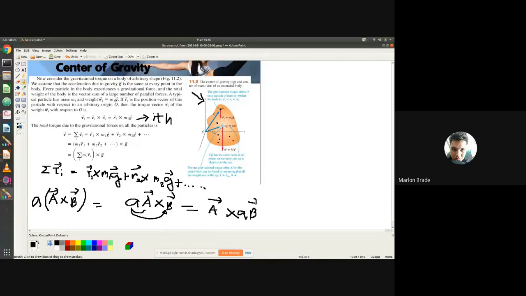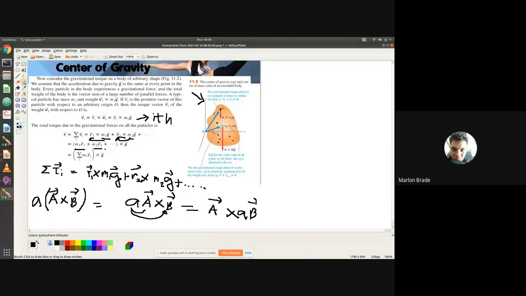Which means the masses M1 and M2 attached to G can be placed next to R1 and R2, and we get the same answer. So we get M1 R1 plus M2 R2 plus so on, cross product with G.